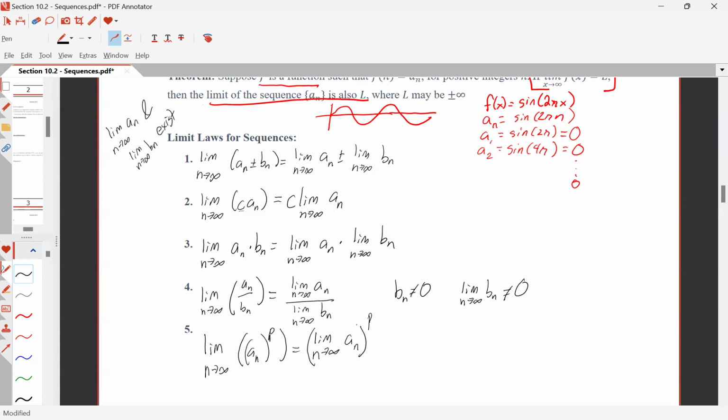So those are the 5 limit laws. In this video, we're getting basically all the rules, and then we'll see those rules in action in the next video.